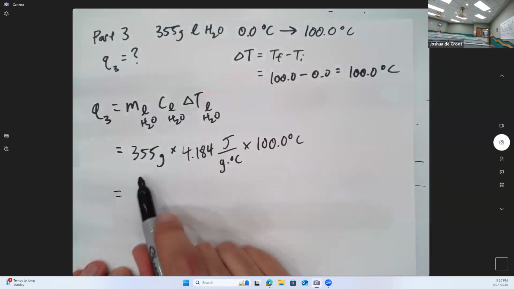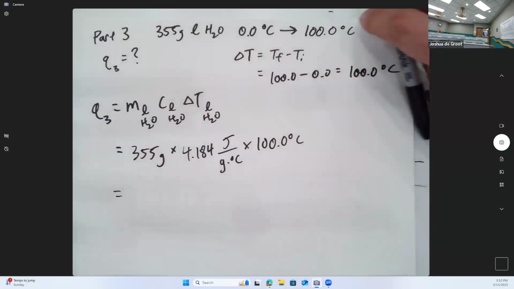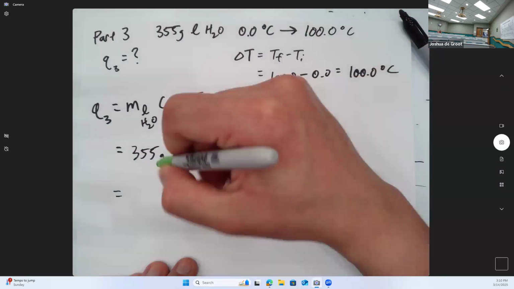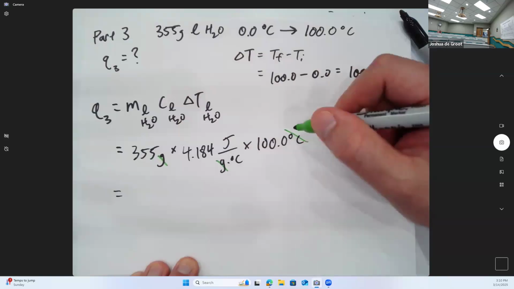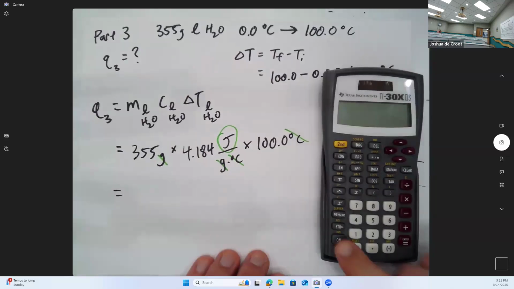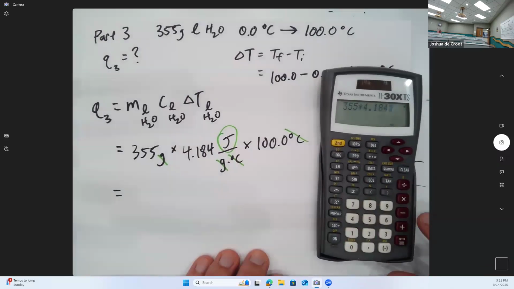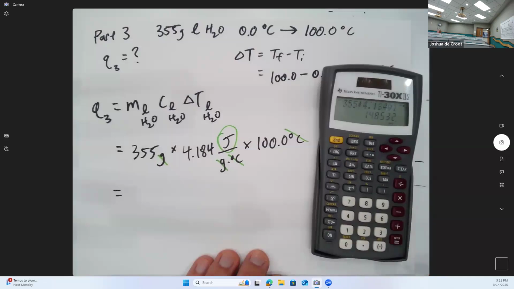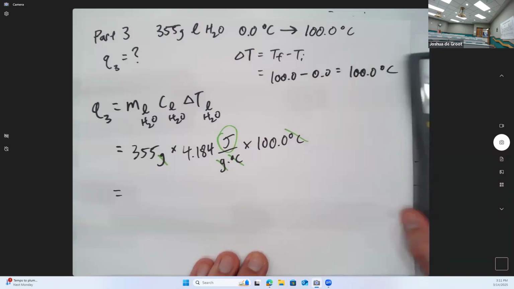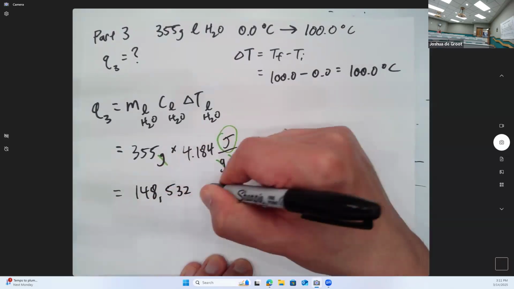3, 4, 4, we're going to have 3 sig figs on this answer. I always like to point out unit cancellation. There's a reason why I spent all the extra class time writing out all the boring units, so that you can see how things work. 148,532 joules.